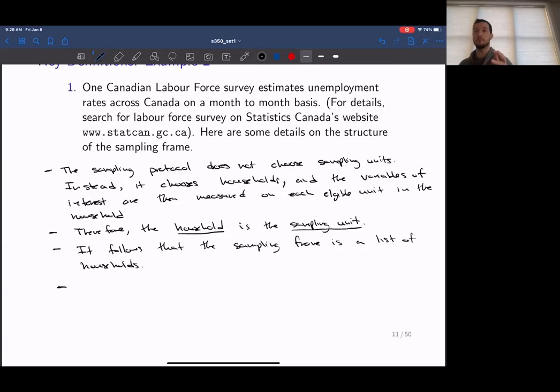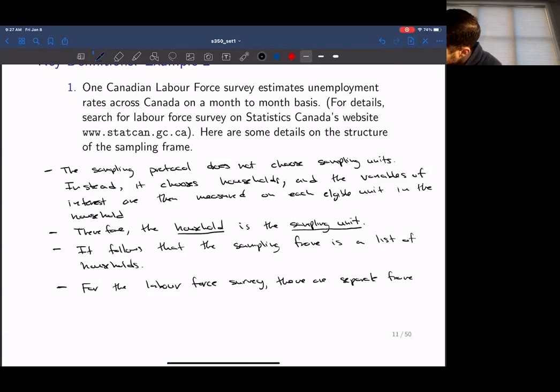Okay, now the interesting thing about how the protocol actually works in this particular illustration. For the labor force survey, there are separate frames for each stage of sampling.